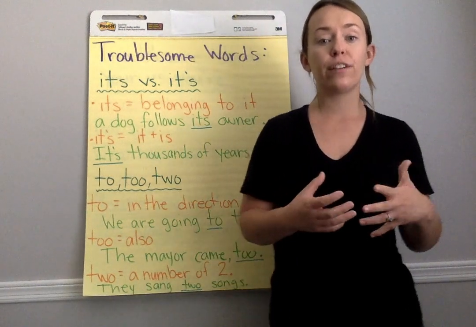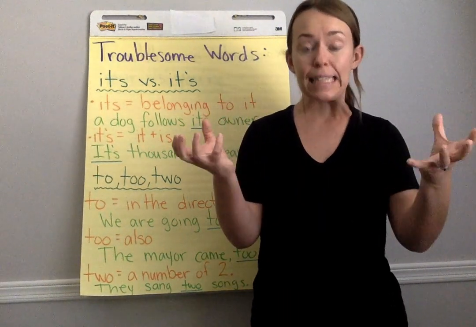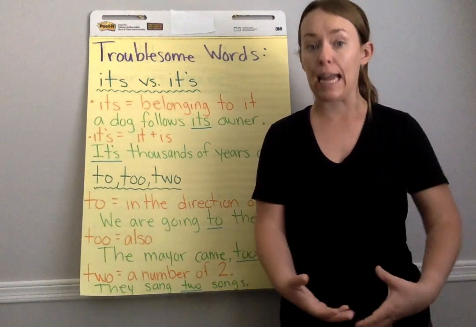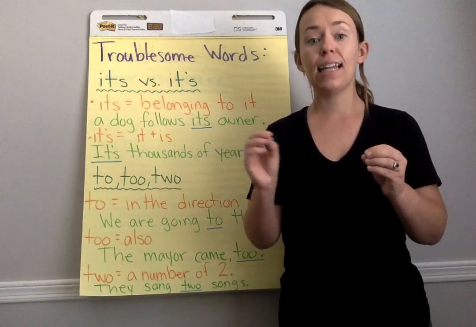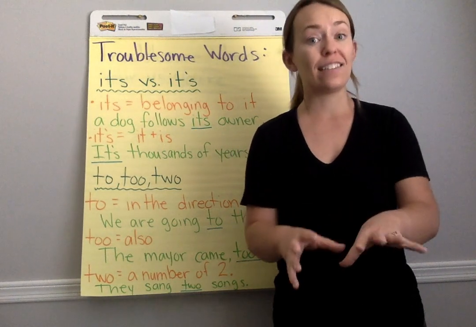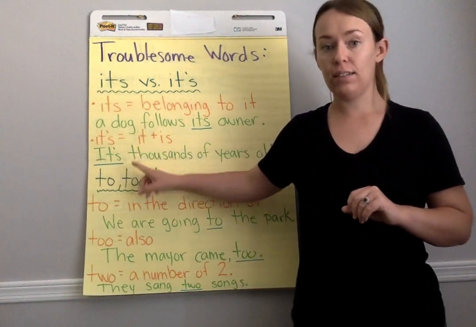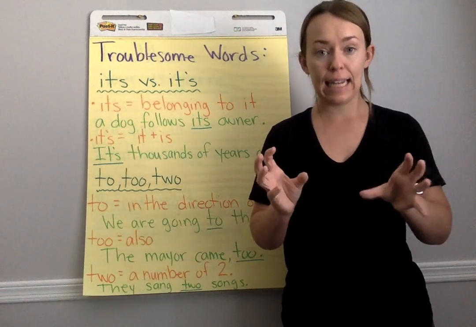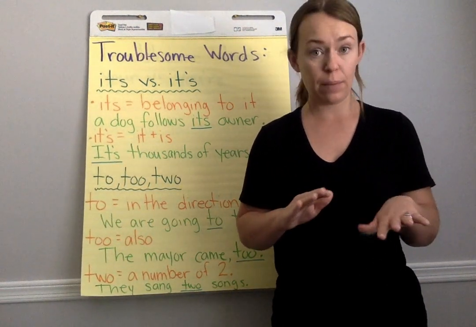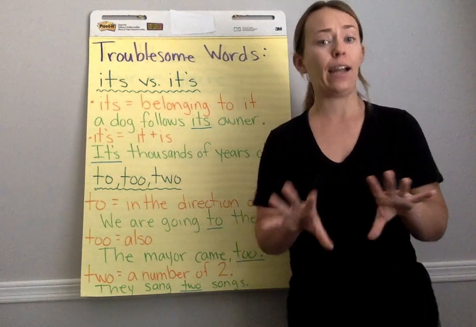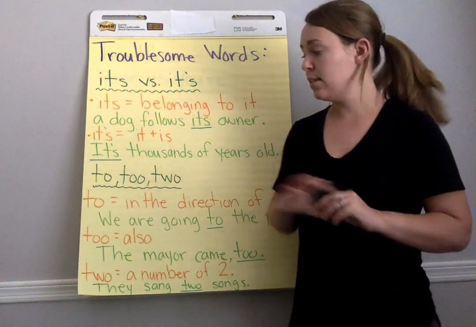So whenever you guys are working with those two its, try and think, would the sentence make sense if I said it is? If it does make sense, you can keep it's with the apostrophe. If saying it is in the sentence doesn't make sense, don't put the apostrophe, okay? I hope that makes sense for you guys.